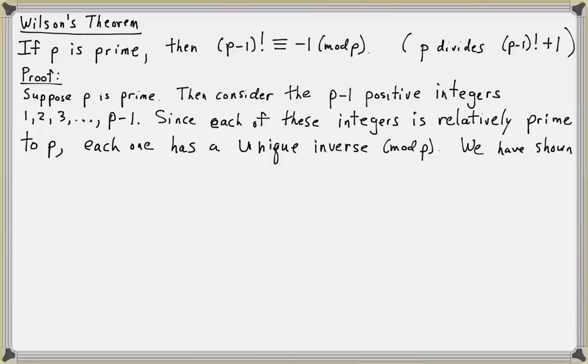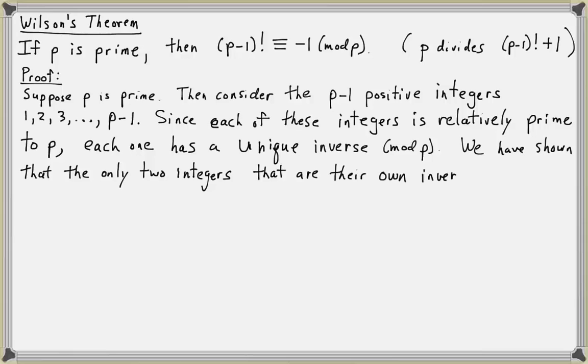So we have shown that the only two integers that are their own inverses are 1 and p minus 1, because p minus 1 is negative 1 mod p.